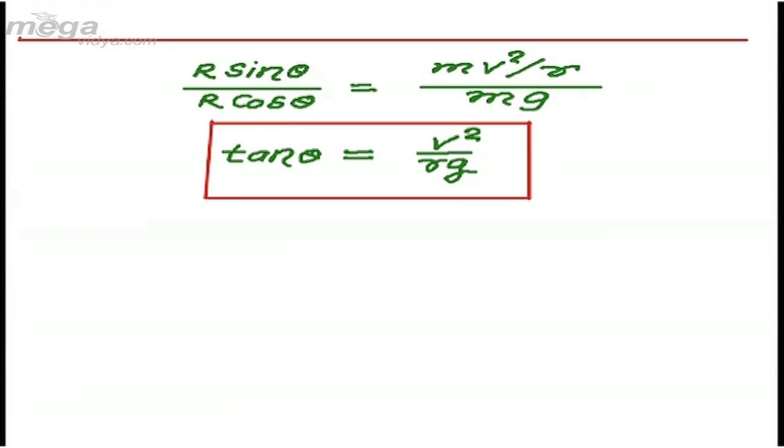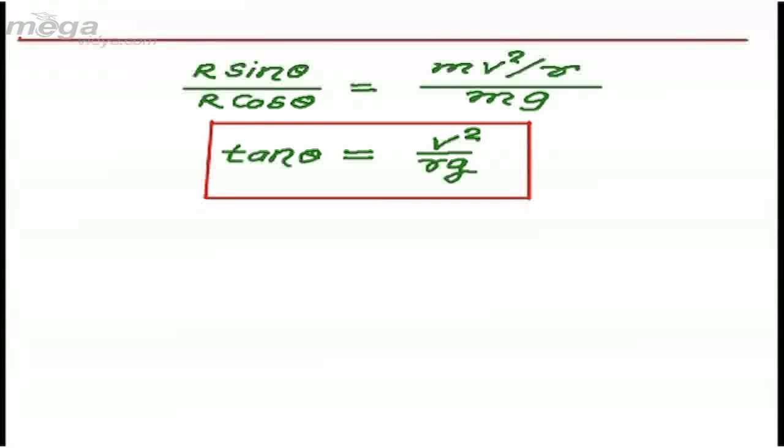So the angle of banking for the road must satisfy this equation, such that if theta is the banking angle, then tan theta must be equal to v square upon rg. Under this condition, the car will take a safe turn.